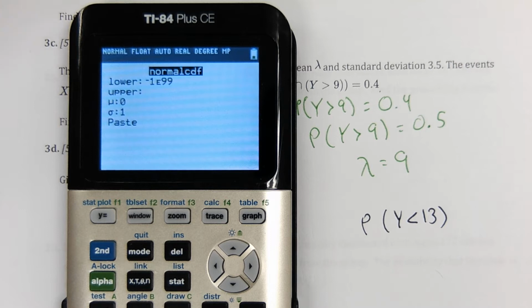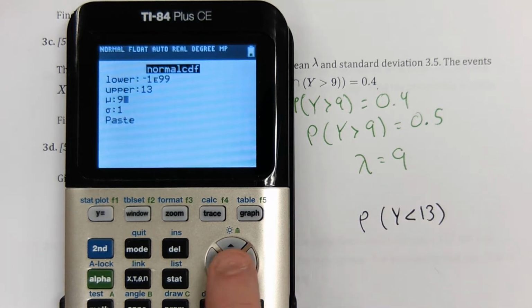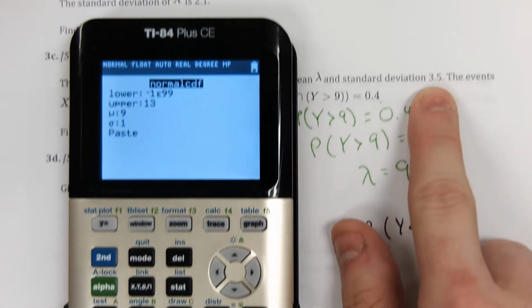Let's be careful. So the upper bound is 13, right? The mean we now know is 9. And the standard deviation given to us is 3.5.